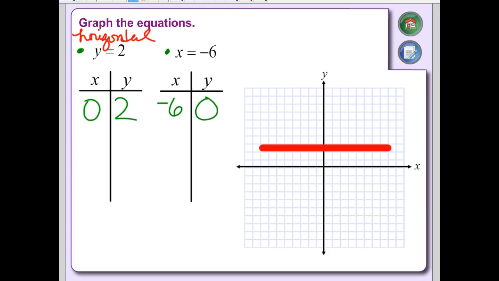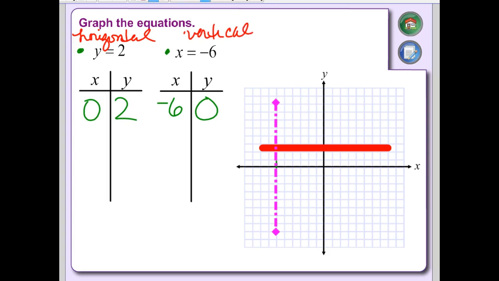Well, it's -6, so we start at the origin, and because it's -6, we go left 6. 1, 2, 3, 4, 5, 6. And that means everywhere on that grid line is x equals -6. And so we're going to see whenever we have x only, x equals, we get a vertical line.